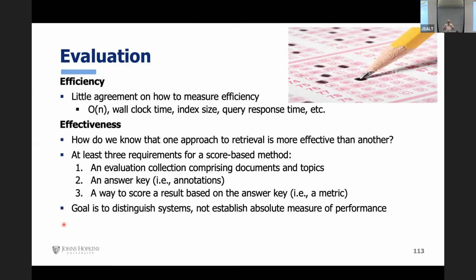That's trying to learn how well an approach works. In information retrieval, we only ask, is this system better than that one? We do not try to identify how good a system is on some scale. And that has important consequences for evaluations, which we'll talk about.